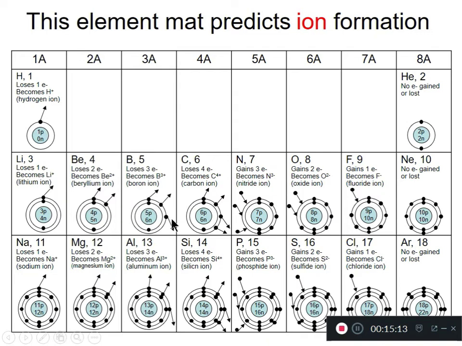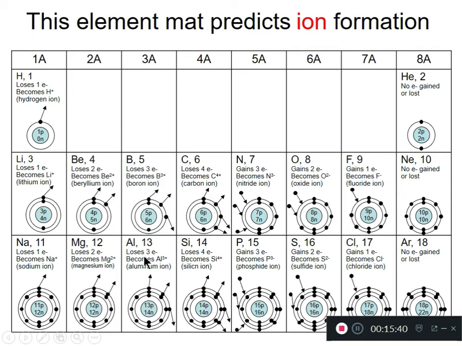If I lose all 3 of these, notice again, the occupied orbit is that innermost 1, and it has 2 electrons in it. So it looks like when it loses the electrons, it loses all of the valence electrons, and then I'm left with 2 in the occupied orbit. It would be a valence of 2.